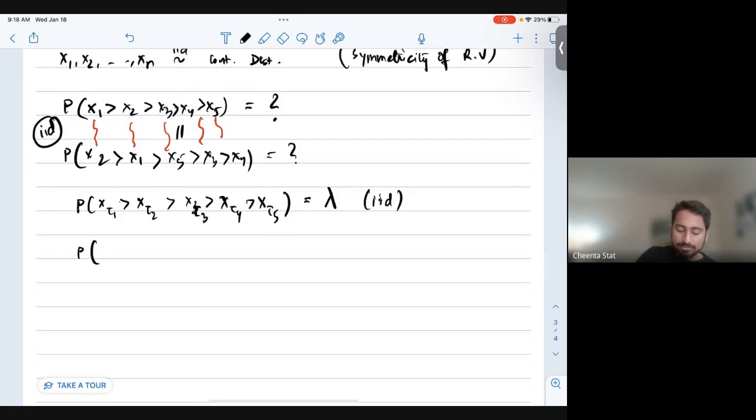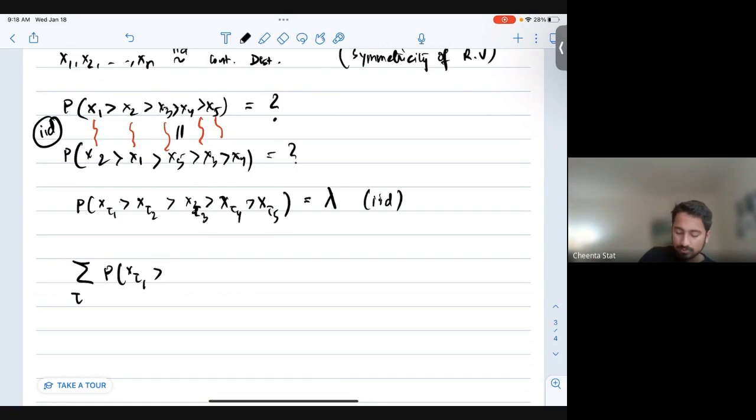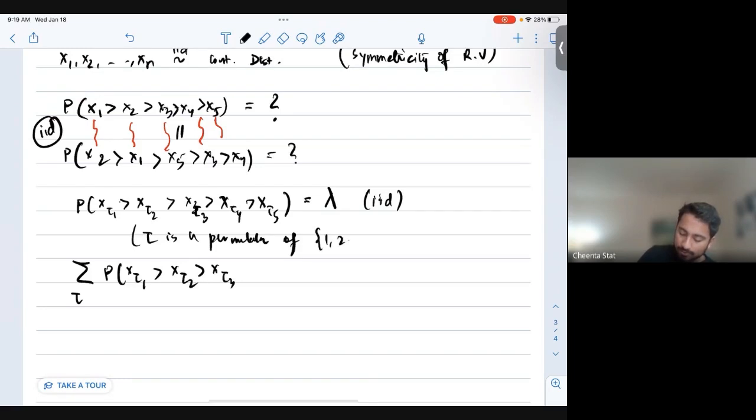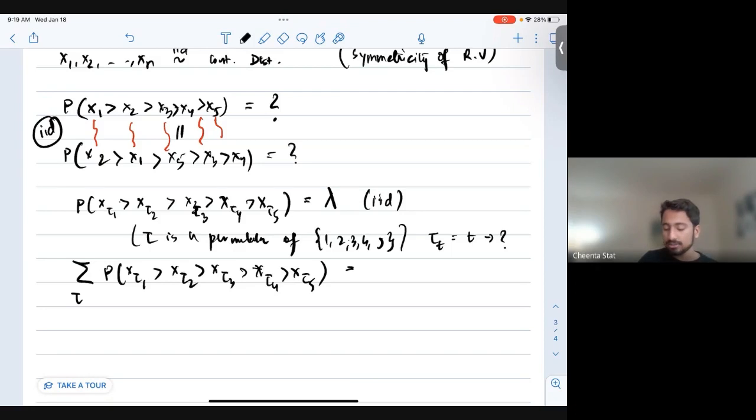Now observe, if you sum the probability over all permutations tau of 1, 2, 3, 4, 5, it must be equal to 1.